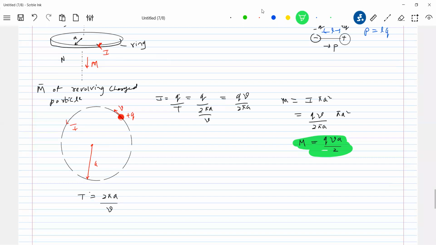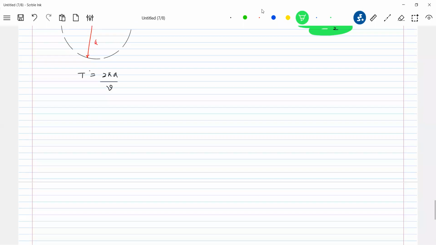Now, instead of this, let me rotate a charged rod. Now the dipole moment of a rotating charged rod.